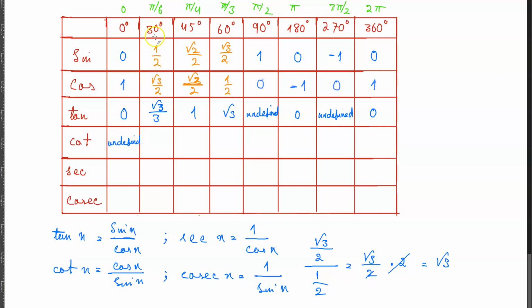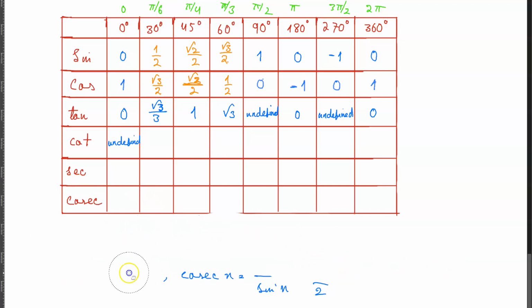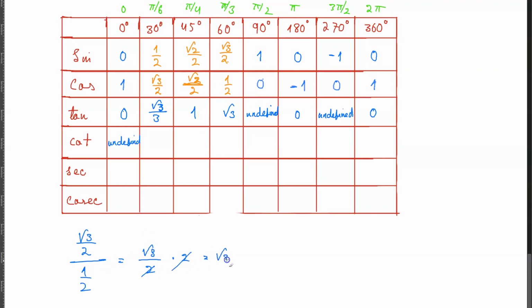Now the cot of 30 degrees is basically square root of 3 over 2 divided by 1 over 2, right? So that's the same thing as square root of 3 over 2 times 2, which is equal to square root of 3.